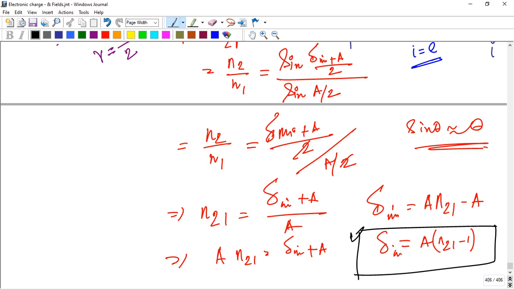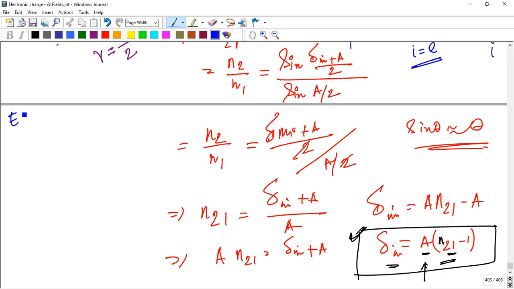That's the minimum deviation when you know the refractive index of medium 2 and the prism angle. That time we can calculate it easily from the minimum deviation, without depending on drawing a diagram or calculating the deviation or the incident angle. We just need the angle of the prism and the refractive index of the medium.